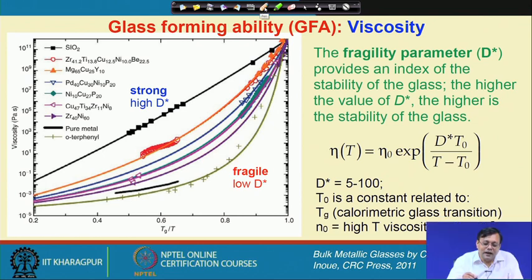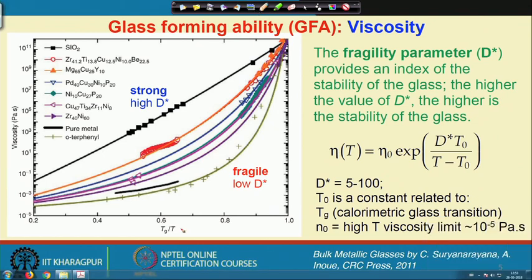Please have a look at the left hand side figure. Here it is a normalized temperature. If we increase the temperature from the glass transition temperature, which is Tg, towards the melting temperature, T is increasing here. When T is Tg, it has a value of 1.